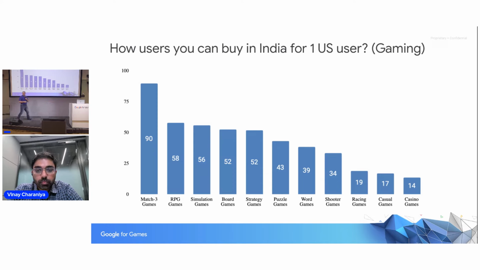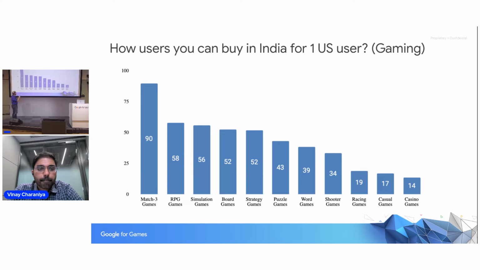We see that some games that have extremely strong monetization, let's say match 3, have such high KPIs in the US that the requirements for the users are extremely strong. So you need to have a lot of users in India to make it on the way towards the US.